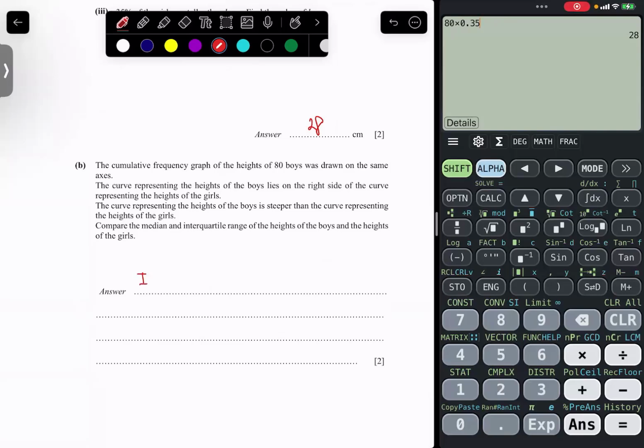Wait, sorry. Median is higher. How do I know median is higher? Because it's on the right side, right? It means that the data is larger, right? So median is higher. Okay. And because it is steeper, so the IQR is smaller. Okay. Right.